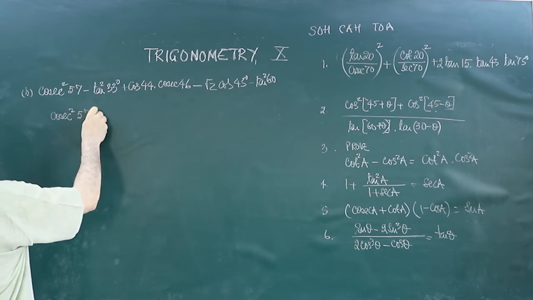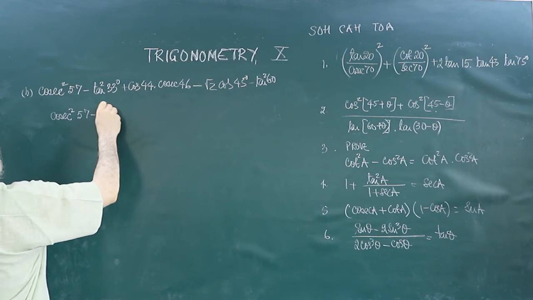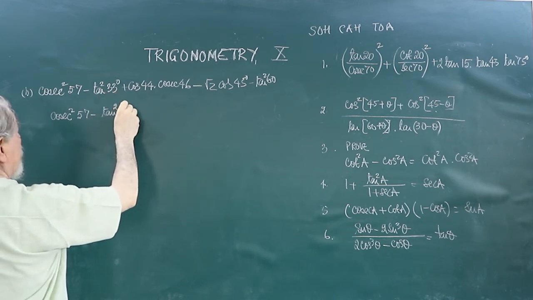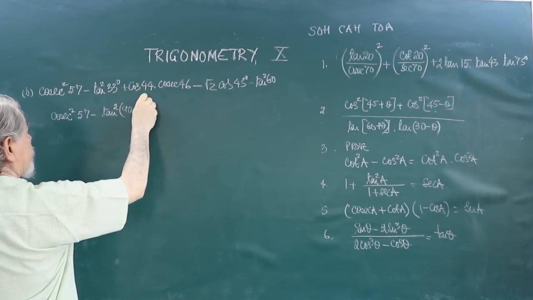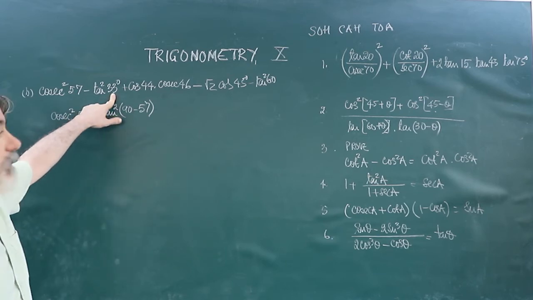Like cosec square 57 minus tan square, what can I write? Tan square 33, I can write it as tan square of 90 minus 57, because 90 minus 57 will give me 33.